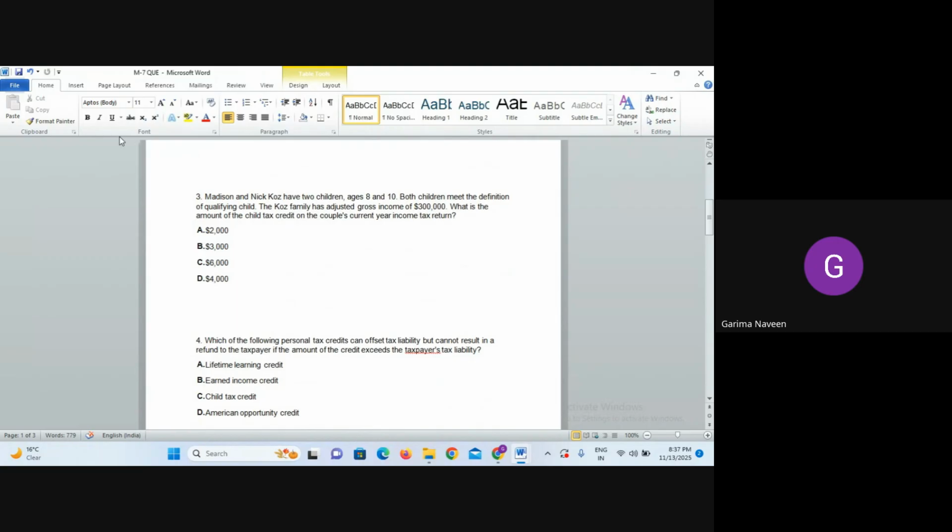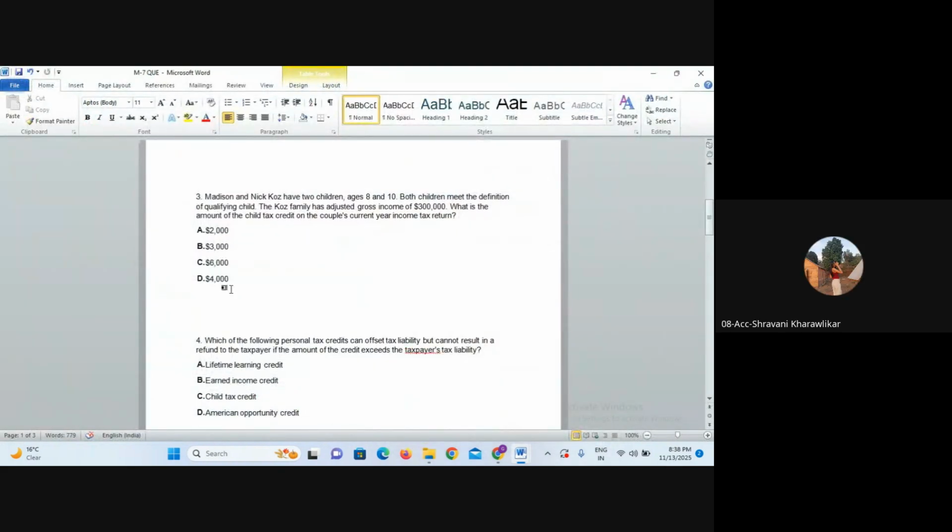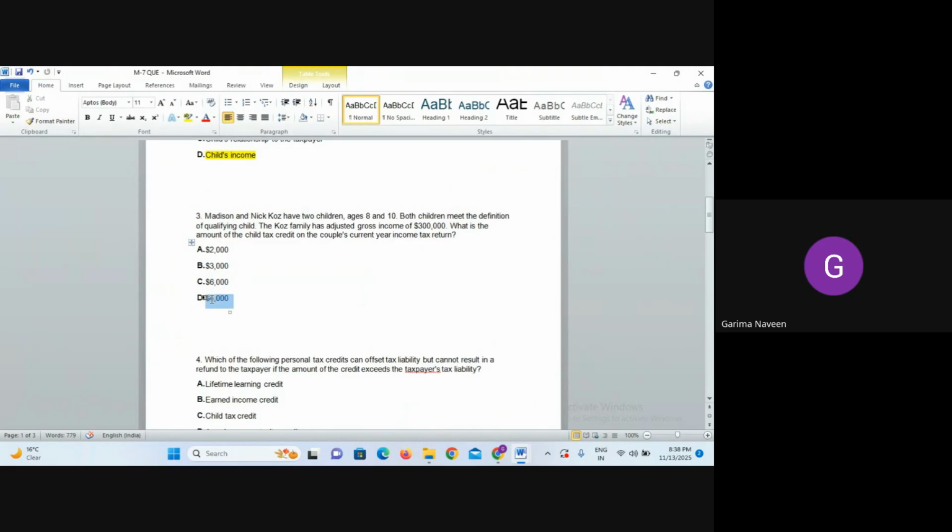So, what should be the amount of child tax credit? 4,000. Okay. Child tax credit is $2,000 for each child. So, since they have two children, the credit should be $4,000.